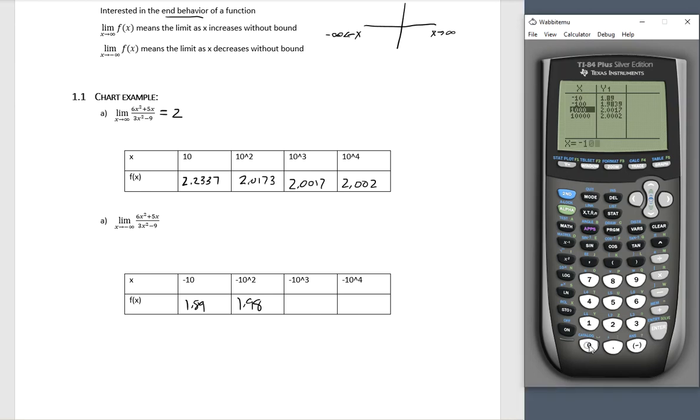Minus 1,000. 1.9983. And the last one, negative 10,000. 1.9998. So let's call this B. Notice, these are decimals, not commas. The limit from either side is 2. One's coming down on 2 and one's coming up to 2.